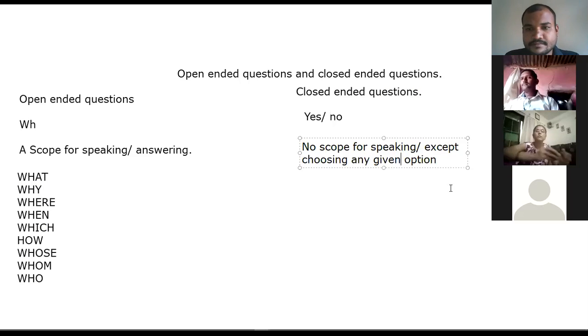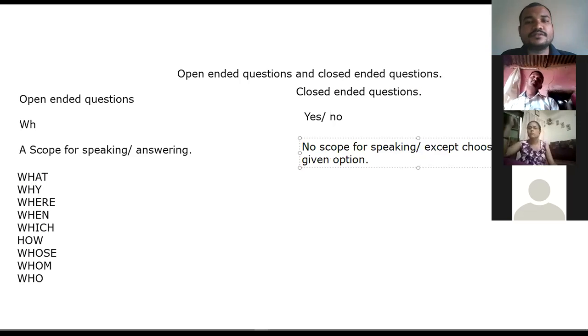Correct? So there is no scope for speaking except choosing a given answer.